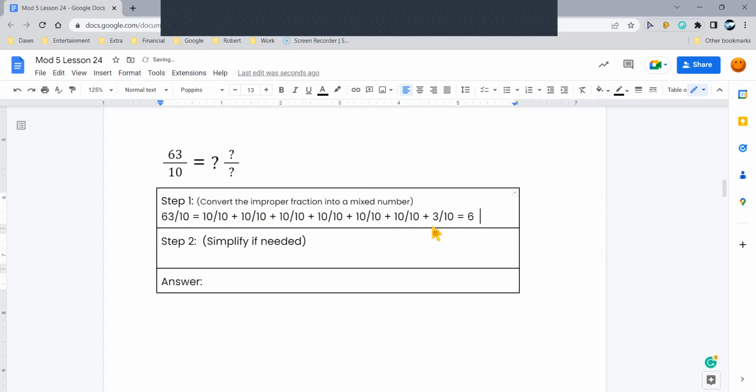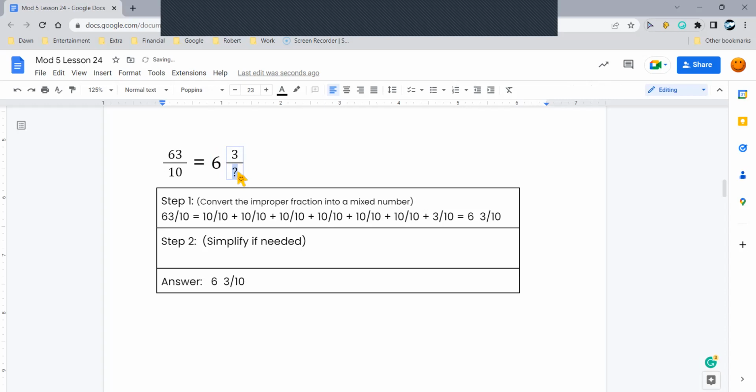So I'll put a 6, and then my 3 tenths comes along for the ride. And I know that 3 is a prime number, and I cannot pull 3 out of 10. So my answer is 6 and 3 tenths. So right here, I'm writing a 6 and then 3 tenths.